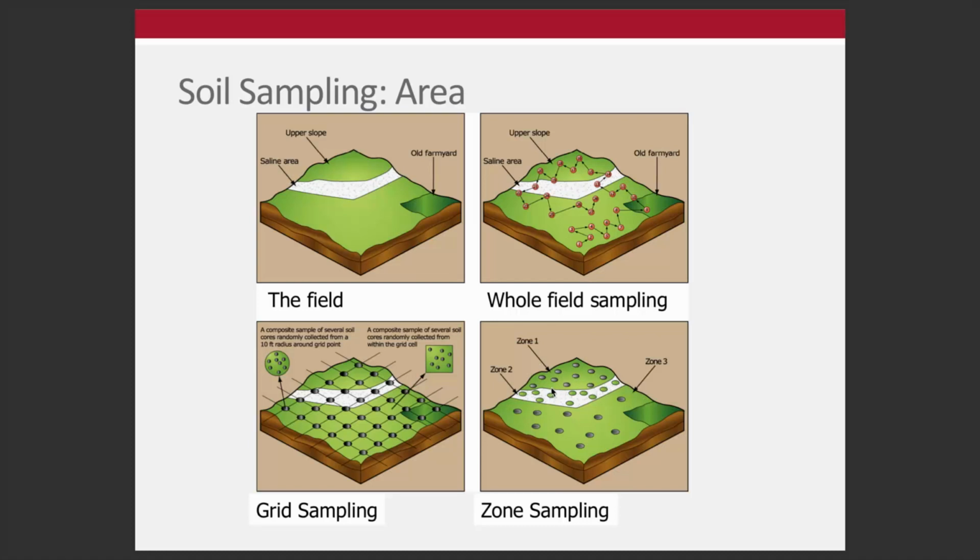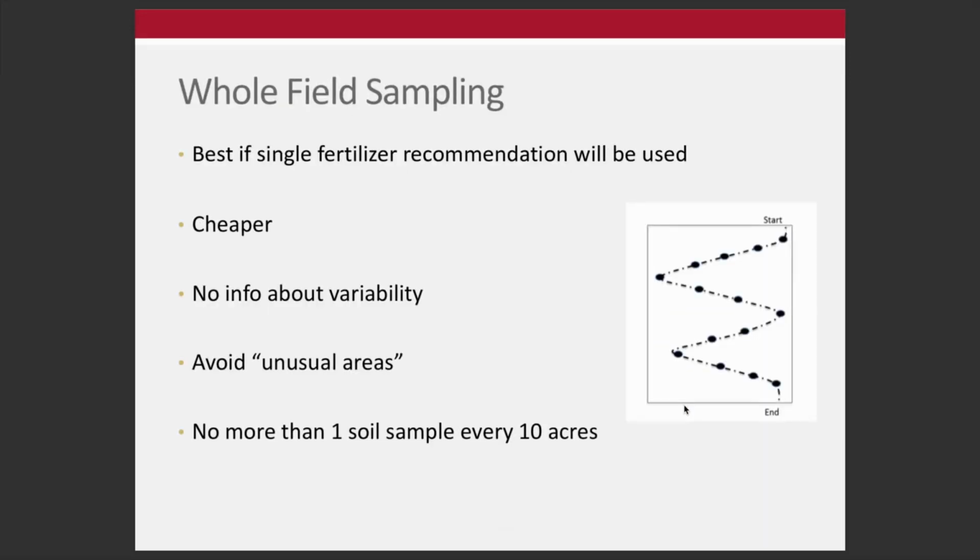Zone 1 for the upslope, Zone 2 for this saline band, Zone 3 for kind of the rest of the field. You could even think about putting a Zone 4 in here for where this old farmyard pen used to be. So each one of these has pluses and minuses, advantages and disadvantages that we'll get into right now.